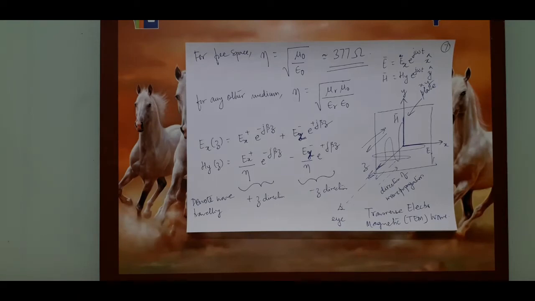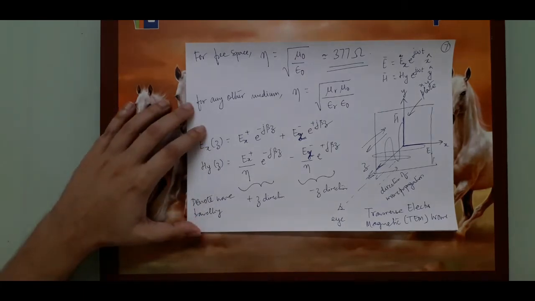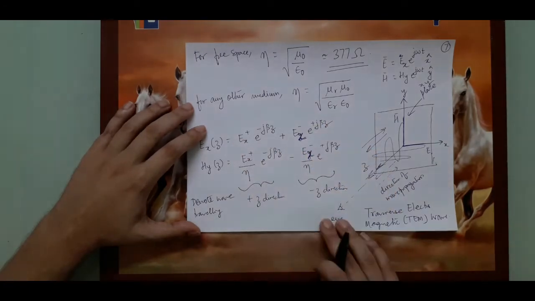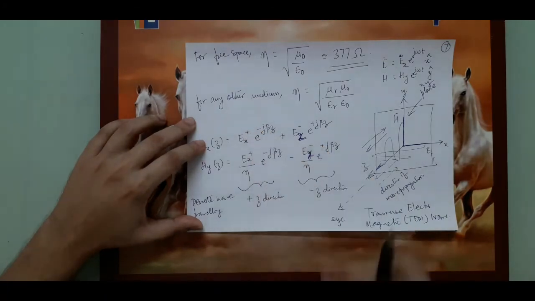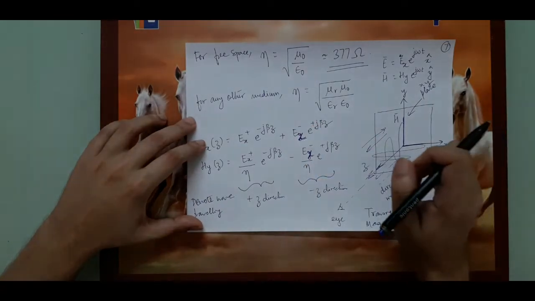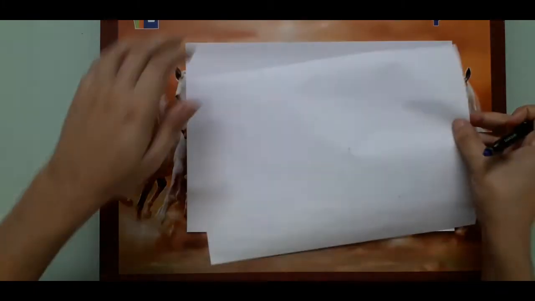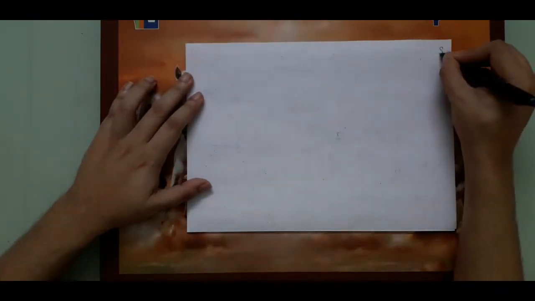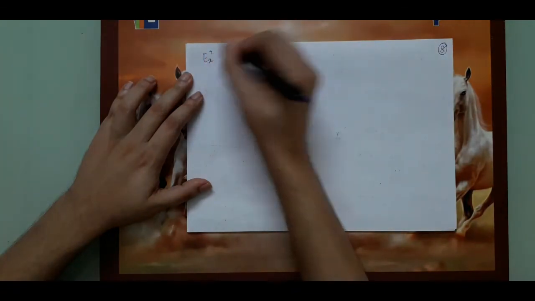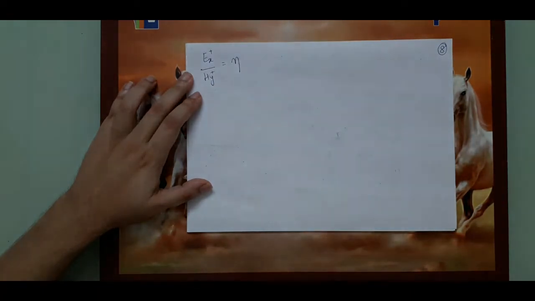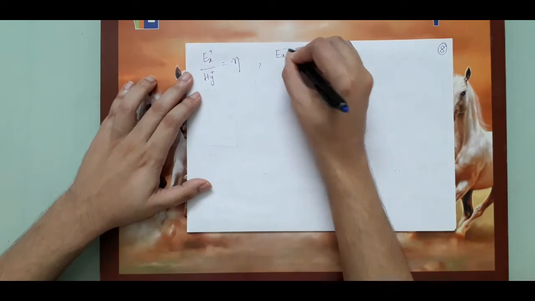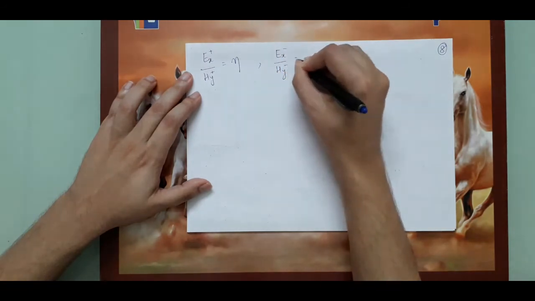What we are seeing is that by correlating the forward waves, electric and magnetic components, and also correlating the backward waves, electric and magnetic field components, we can show that Ex plus by Hy plus is nothing but eta, and Ex minus by Hy minus is minus eta.